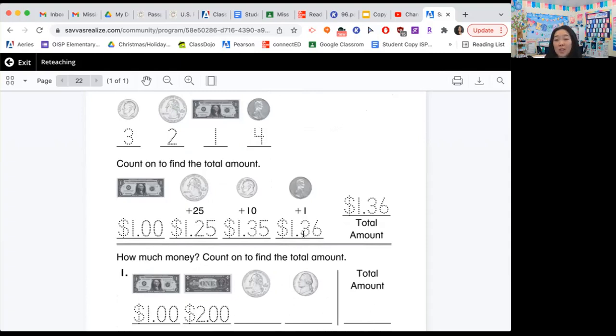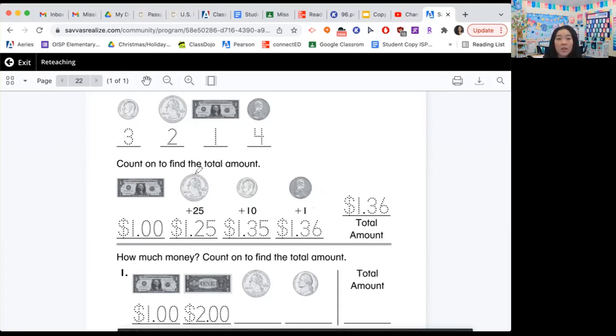One way that you can do this is you can just count on. So we have $1 plus 25 cents would be $1.25, plus a dime. You would add 10 cents to 25, so $1.35. And then you would add a penny, which is 1 more cent, $1.36.